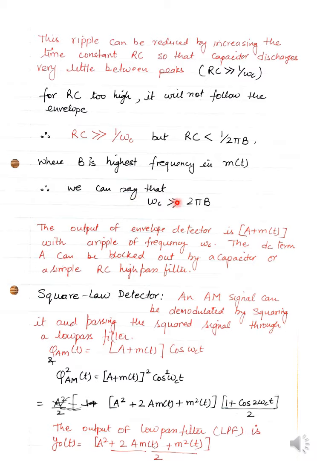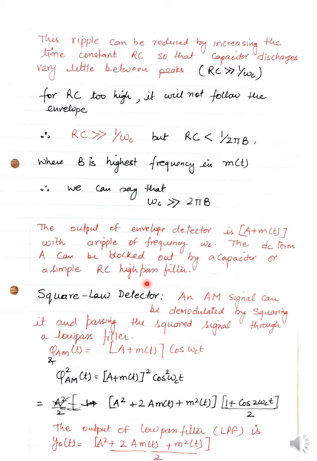Therefore, we can say omega c must be greater than or equal to 2 pi B using these two. The output of the envelope detector is A plus m(t) with a ripple of frequency omega c. The DC term A can be blocked out by a capacitor or a simple RC high pass filter.